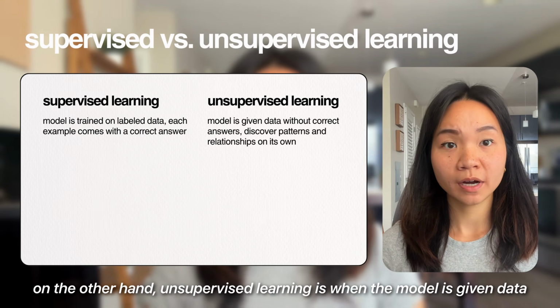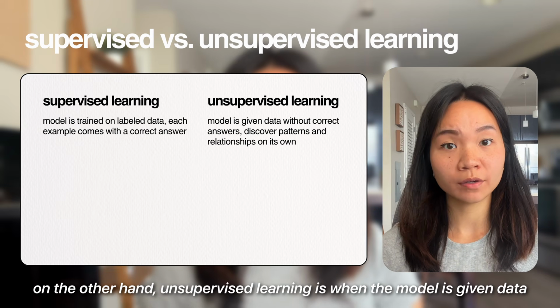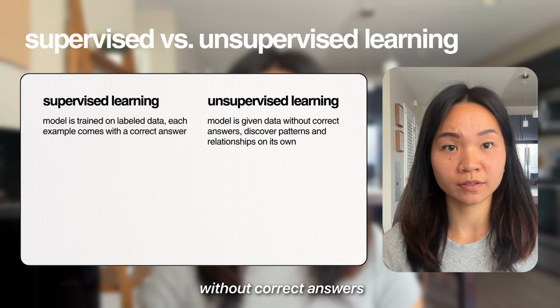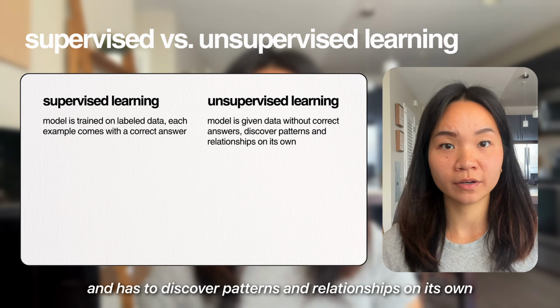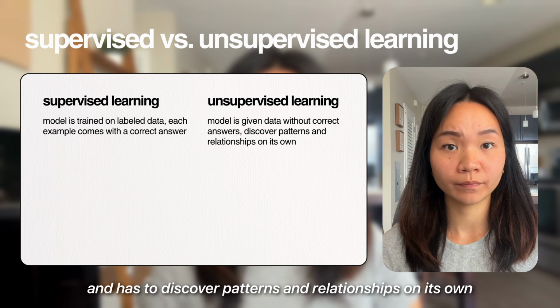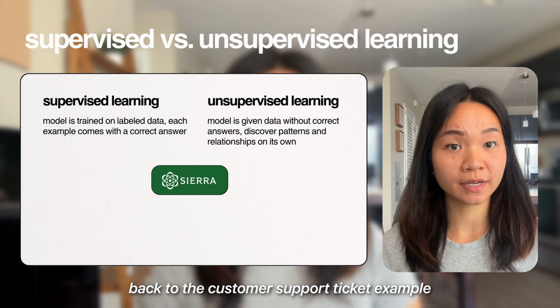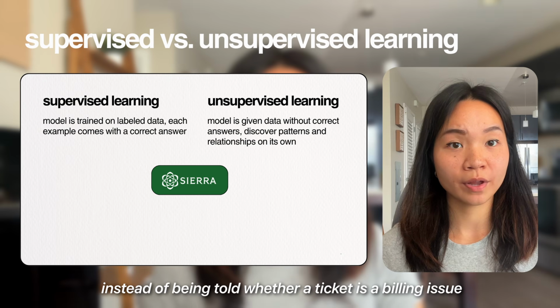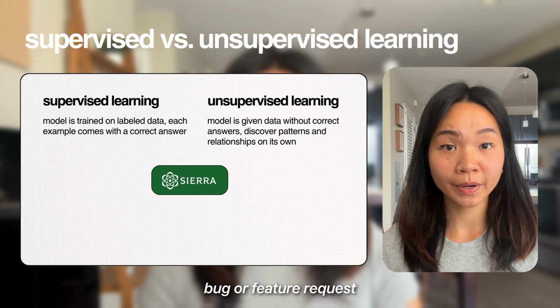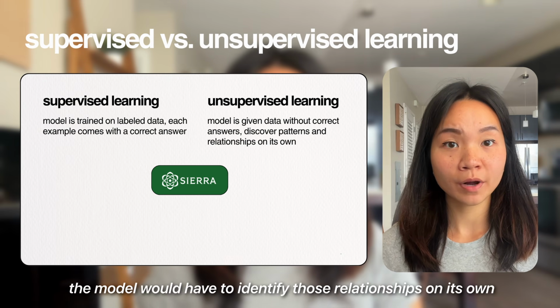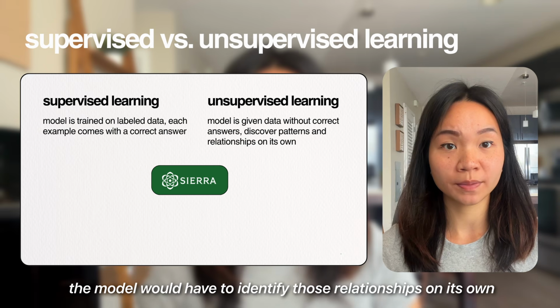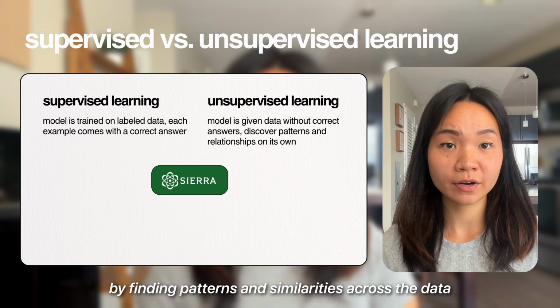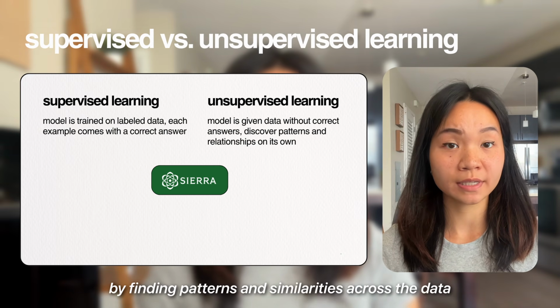On the other hand, unsupervised learning is when the model is given data without correct answers and has to discover patterns and relationships on its own. Back to the customer support ticket example, instead of being told whether a ticket is a billing issue, bug, or feature request, the model would have to identify those relationships on its own by finding patterns and similarities across the data.